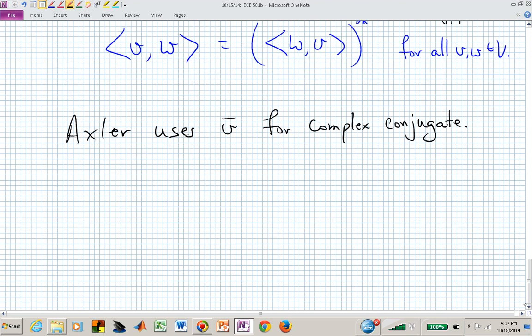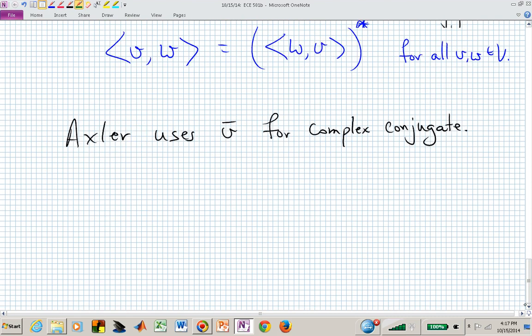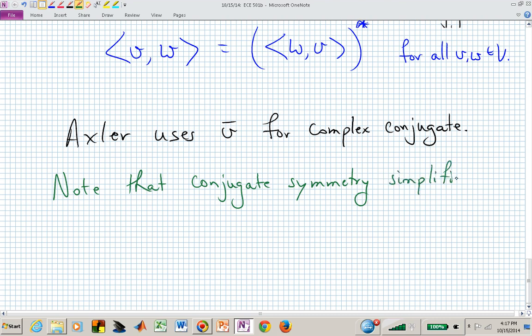And one more comment relative to this conjugate symmetry is that the conjugate symmetry simplifies if our vector space V is in fact a real vector space.